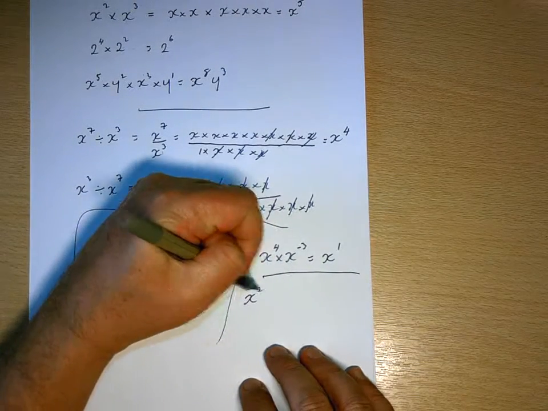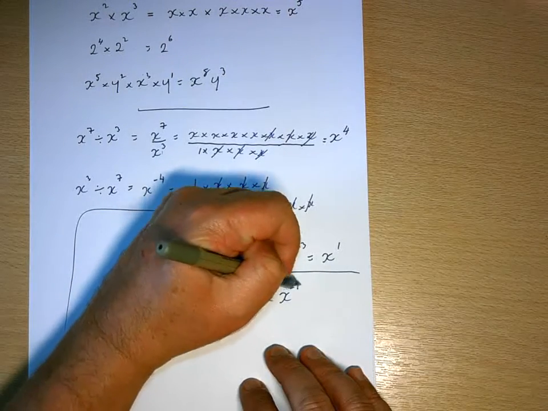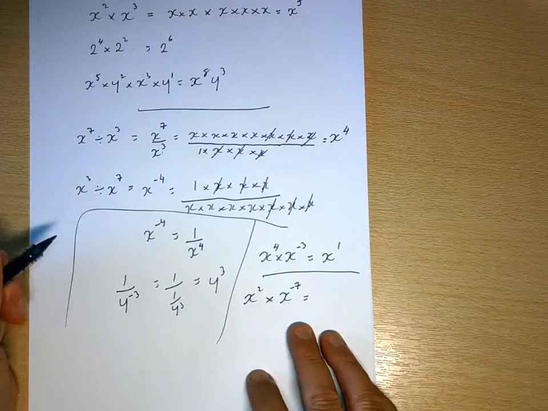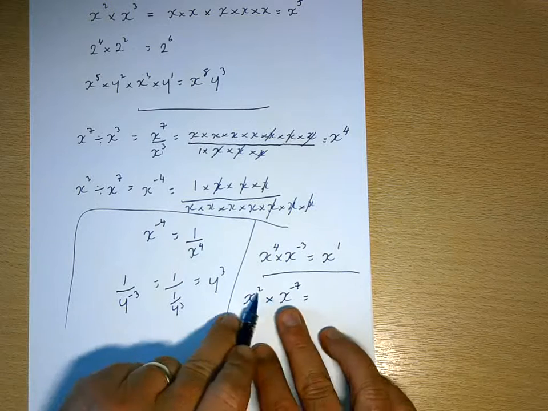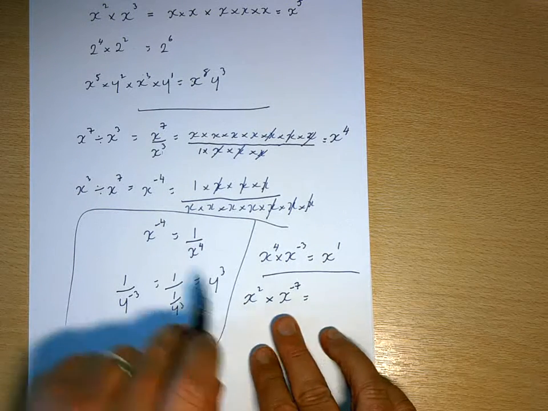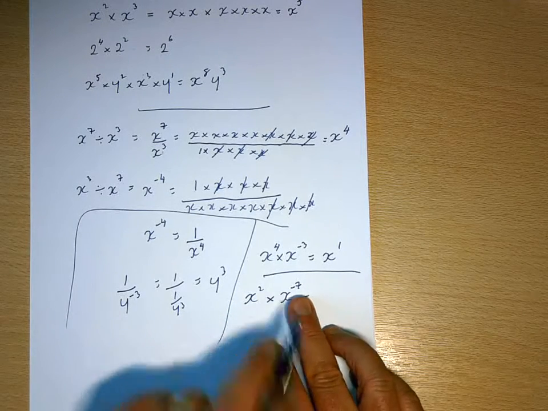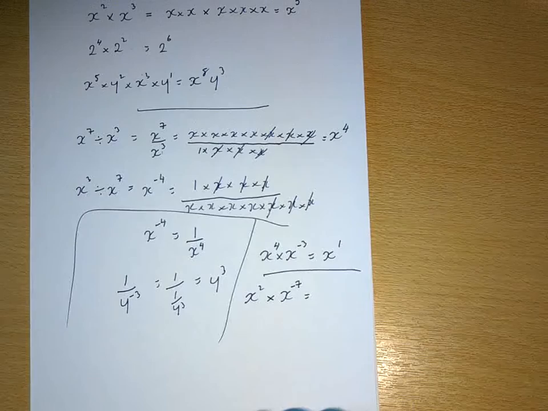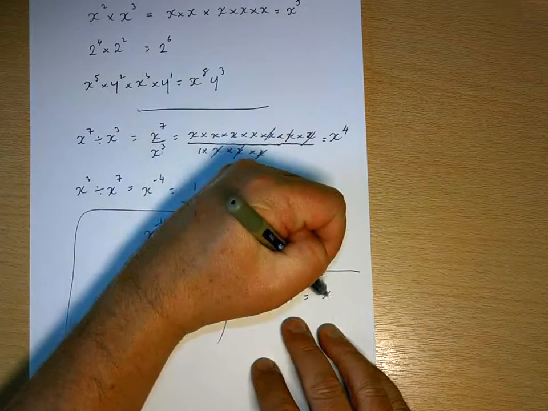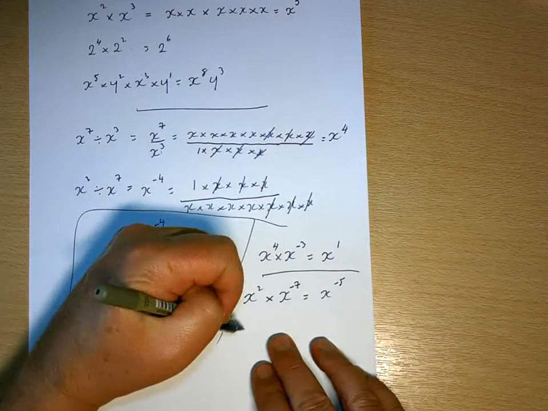Or you could end up with x to the 2 times x to the minus 7, which means you're going to add those, giving you 2 plus negative 7, which is x to the negative 5.